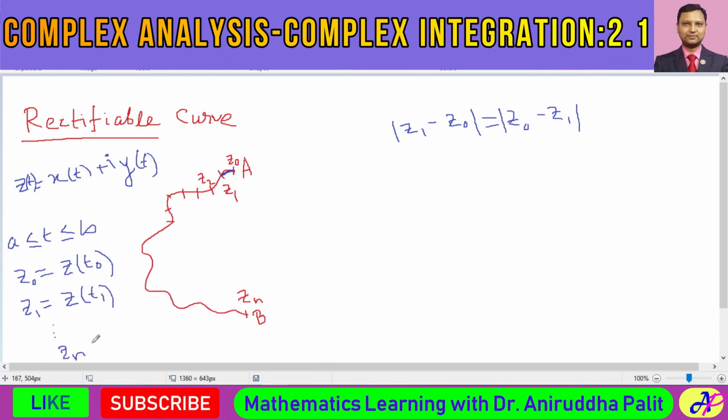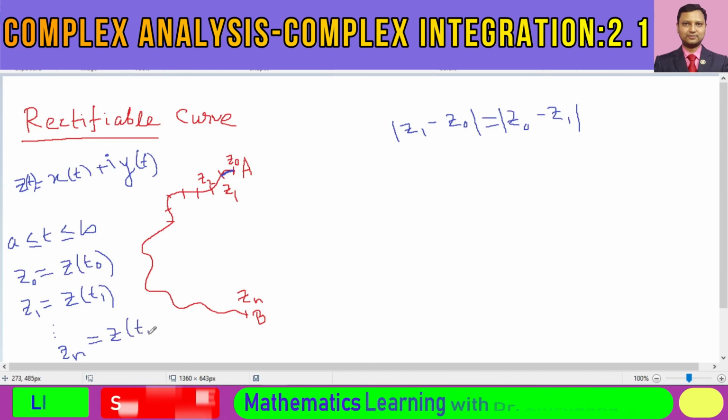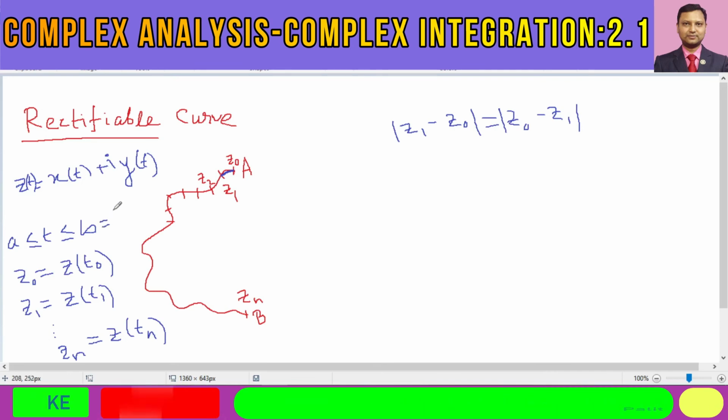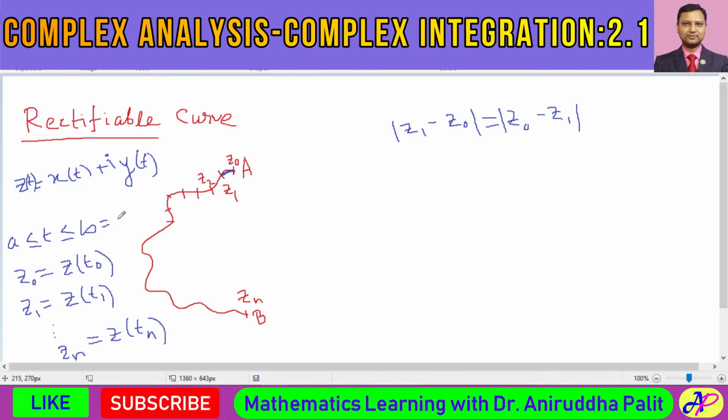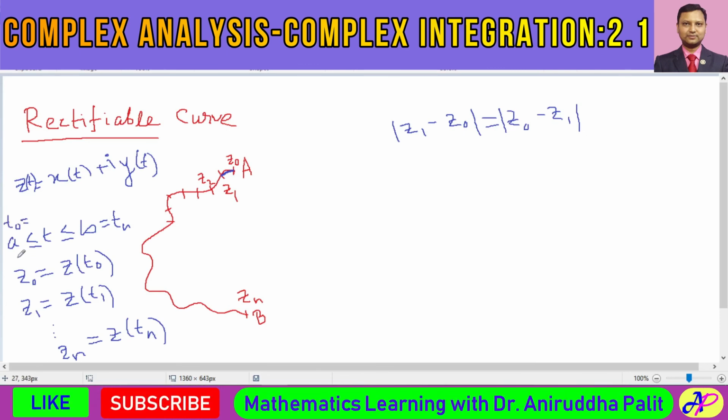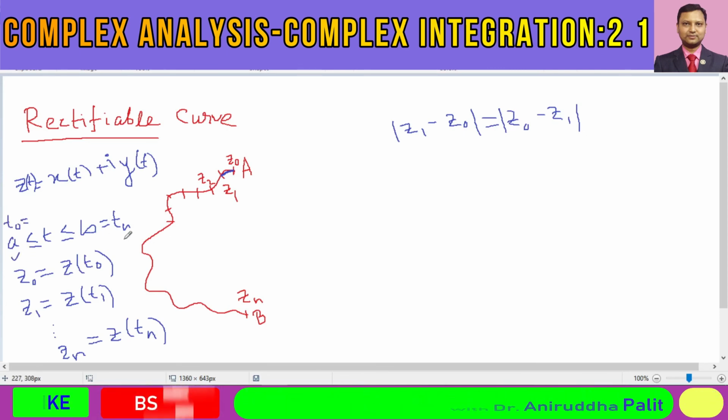Finally, at the point zn, this z becomes function of tn. Tn means, over here, let me write it, tn is equal to b. And what is this t0? T0 is actually equal to a.